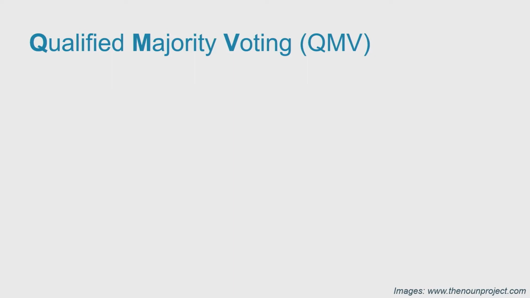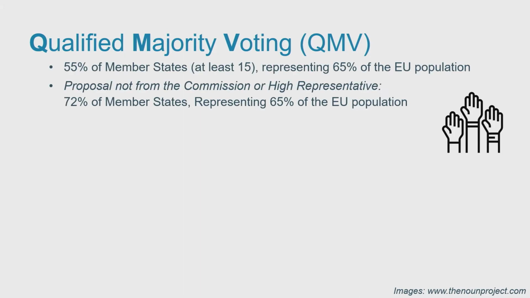In the early years of the EU's evolution, decision-making in the Council of the EU generally happened by unanimity. However, multiple treaty revisions have shifted the decision-making requirements to qualified majority voting in a vast number of policy areas.